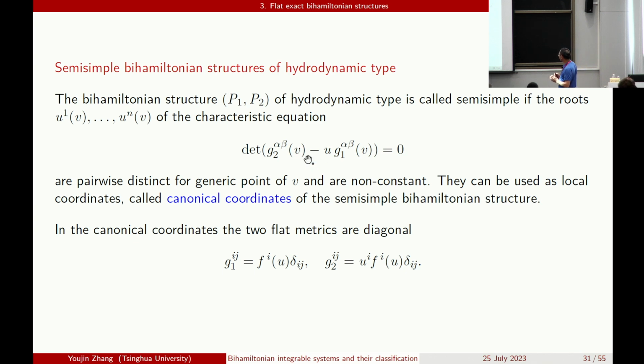Then it turns out that we can use this U1 to UN as the local coordinates of the manifold M. And then in these local coordinates, these two flat metrics are diagonal. So we have this G1 and G2 represented by the n functions F1 to Fn.